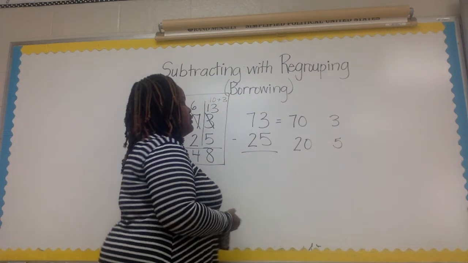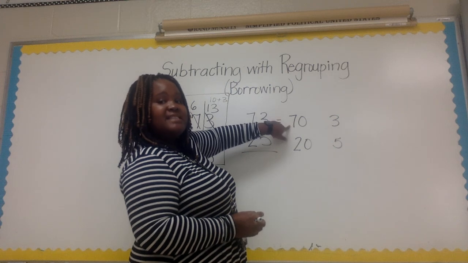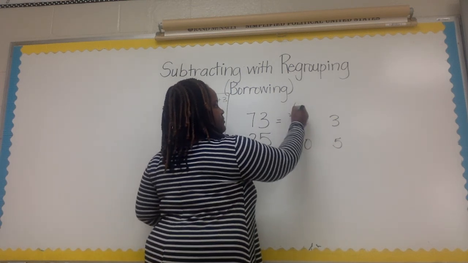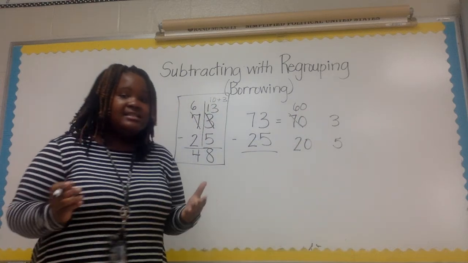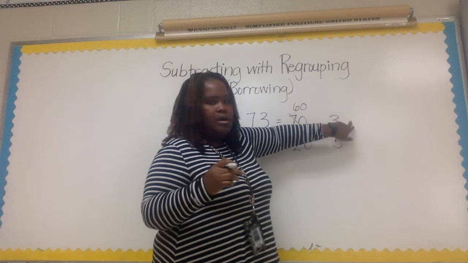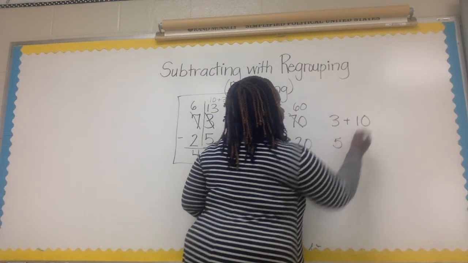So that's what we're going to do. So I'm going to borrow a set of 10. So now if I take 10 from 70, I'm going to be left with 60, okay? Now what happens to the 10 that I borrow from this 70? That 10 comes right over here and it gets added to the 3, okay?